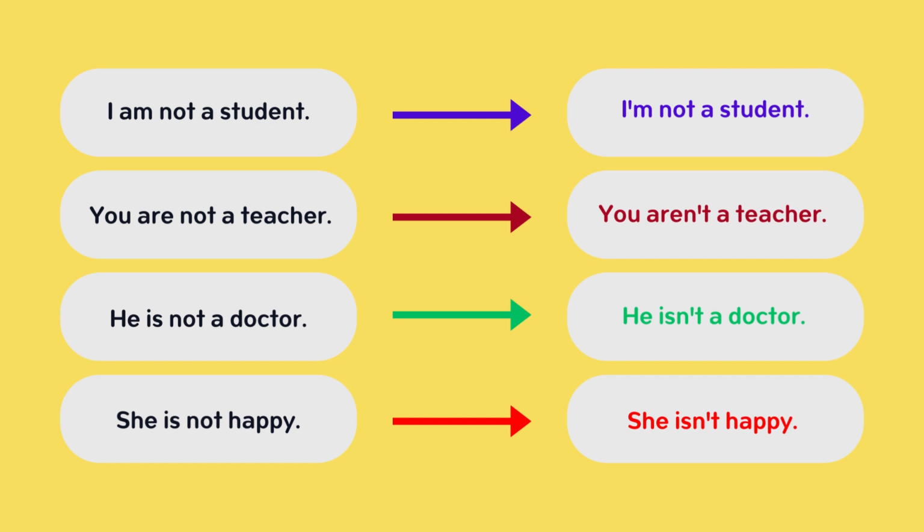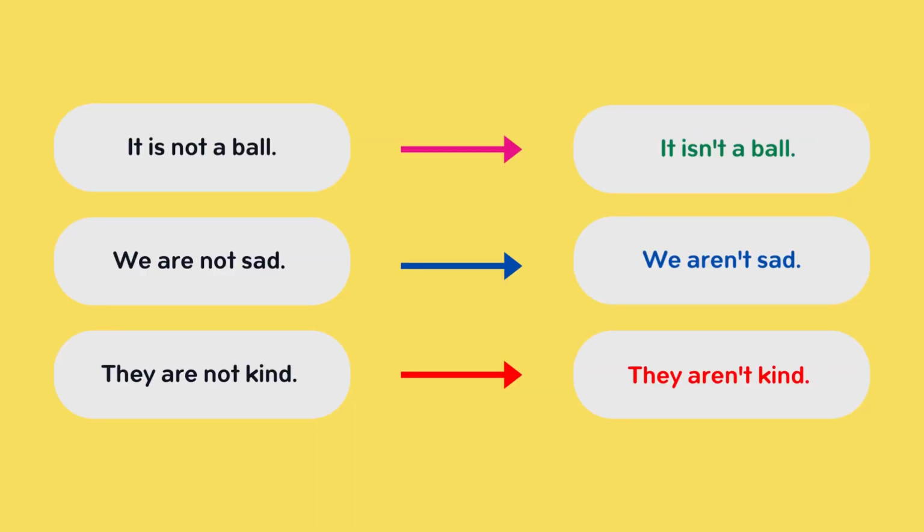He isn't a doctor. She is not happy. She isn't happy. It is not a ball. It isn't a ball. We are not sad. We aren't sad. They are not kind. They aren't kind.